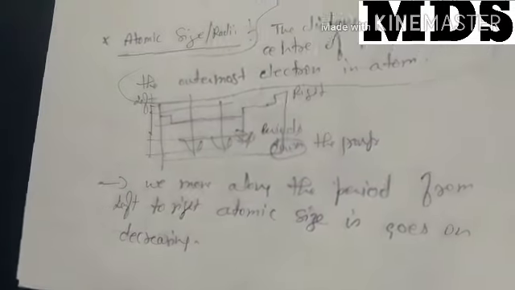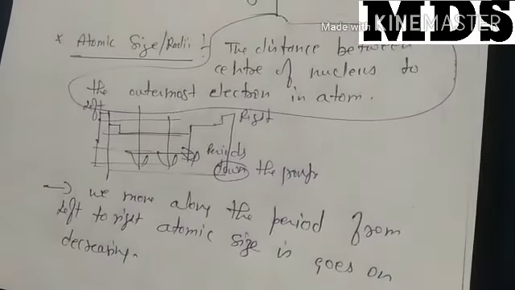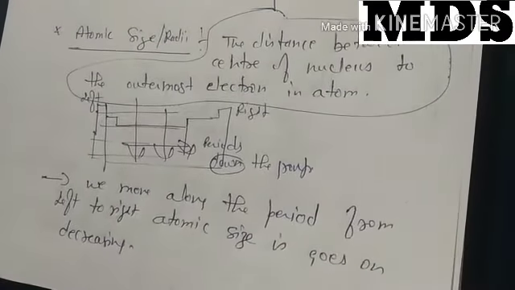Okay, atomic size goes on decreasing. This is the actual trend particularly, but we must know what is the reason for that trend. Let me tell you what is the reason for that trend.